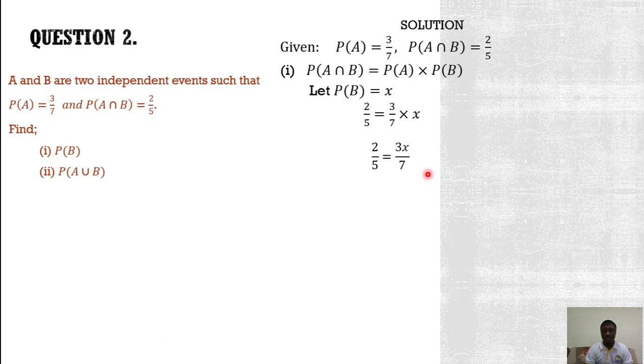Now, when you get to this place, you can do two things here. You can find the LCM of the denominators and use it to multiply each of the terms, or you can do what you call cross multiplication.